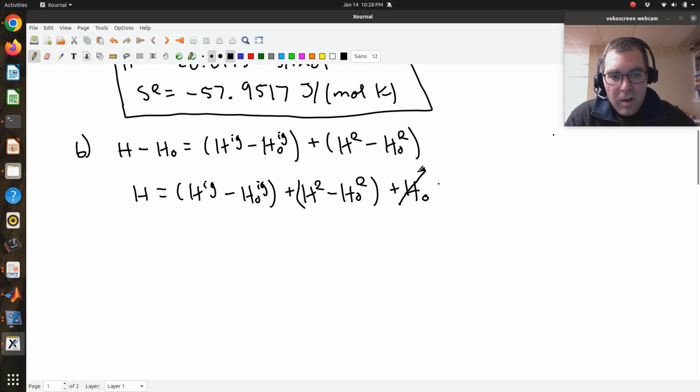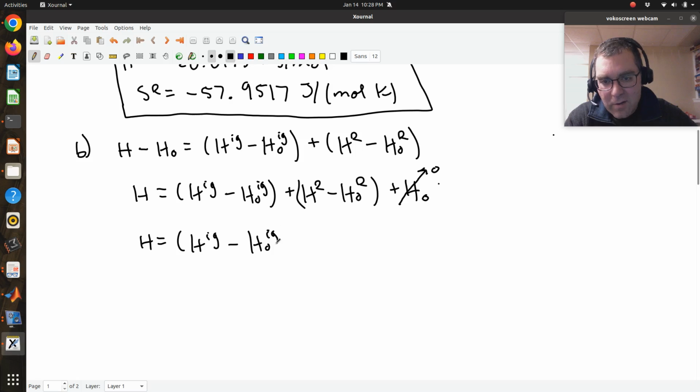So I'm defining the actual properties at state naught to be 0. Then in that context, this absolute H, which is really H relative to H naught, I'm just taking H naught to be 0, is equal to H ideal gas minus H naught ideal gas plus HR minus H naught R.